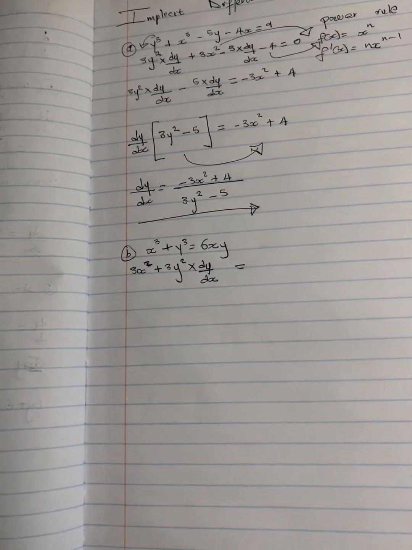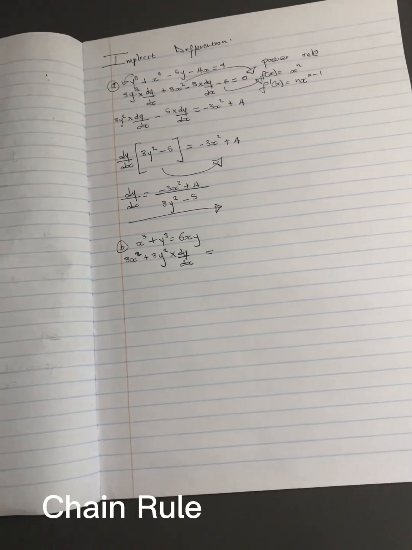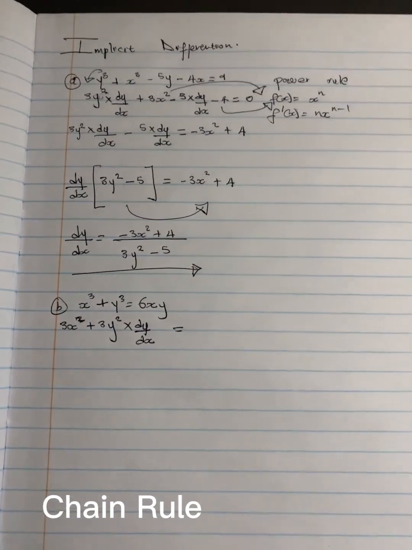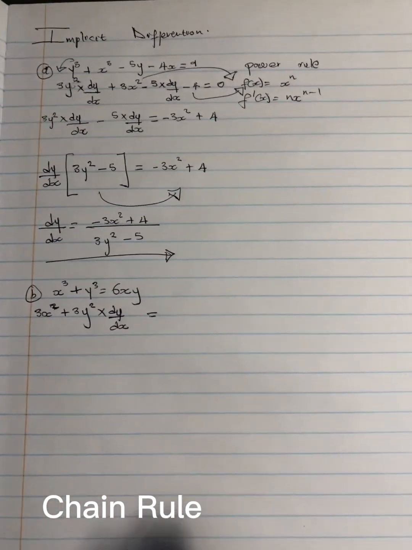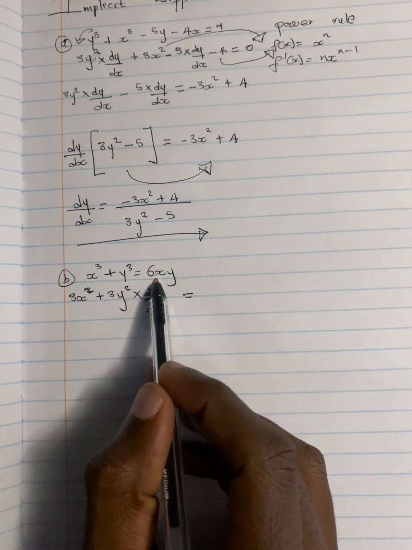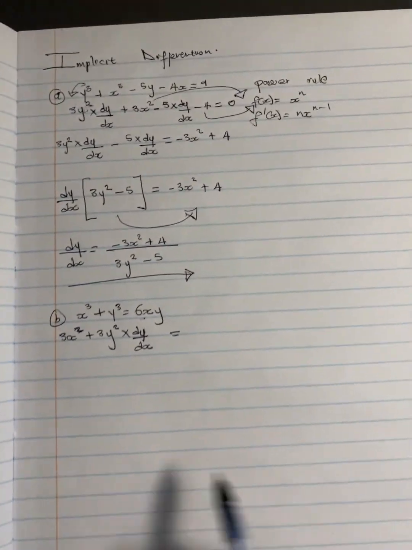So how do we differentiate 6xy? Now we have x and y multiplying each other. We can start with one variable and then do the other variable. Let's start with x.